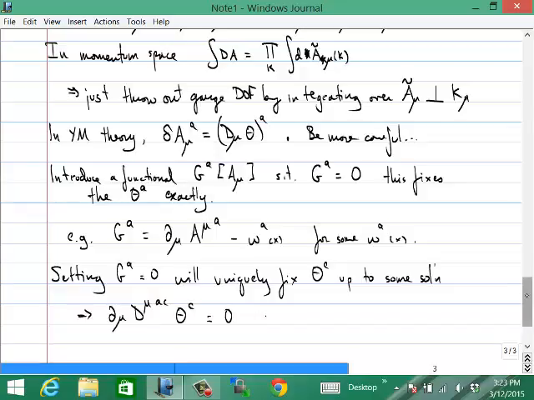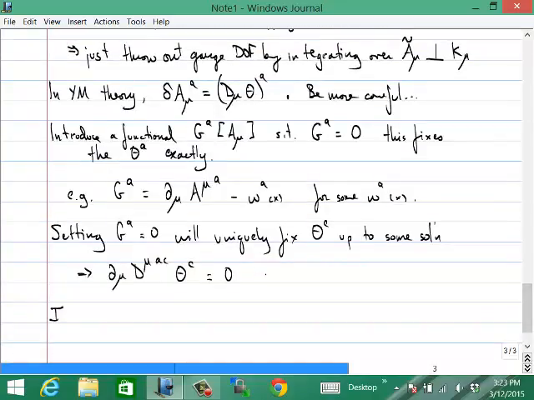If we consider the case where the A_mu are very, very small, this is just Laplace's equation, d^mu d_mu theta equal to 0, which, at least in Euclidean signature, has a unique solution for specified boundary conditions.